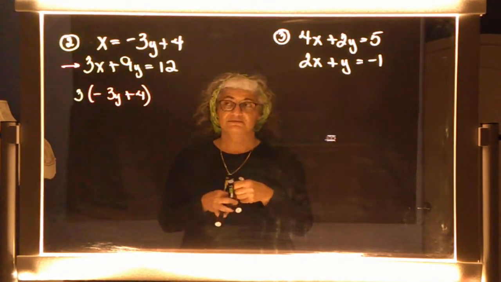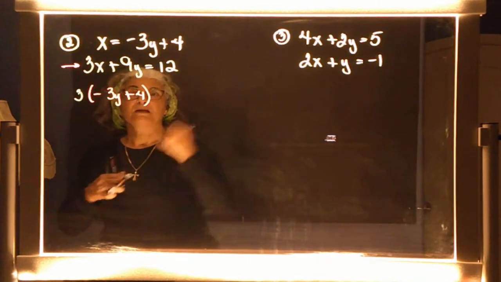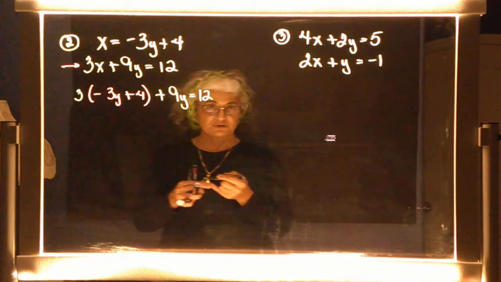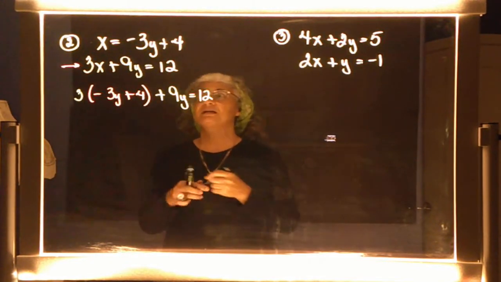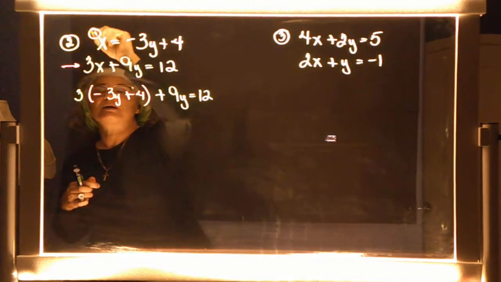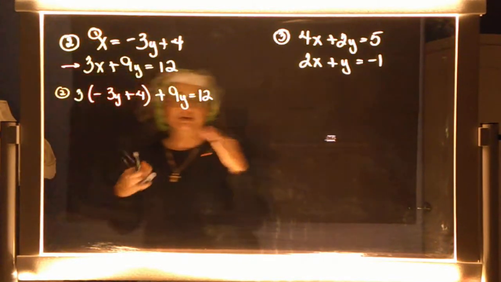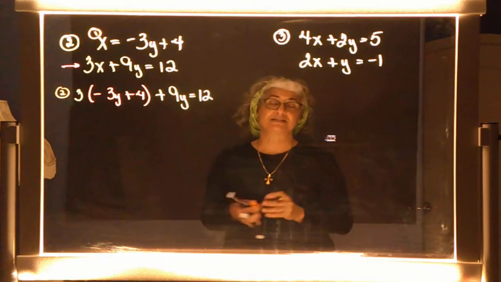With me? And then plus the 9y equals 12. Right? Okay, so remember, this was step 1. It was already done for us. This is step 2. We're replacing, which we did.